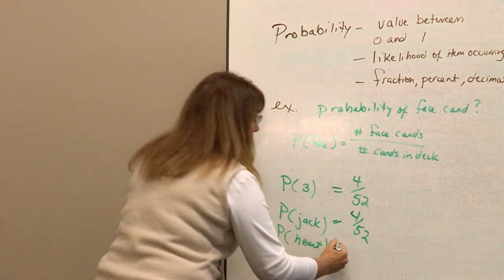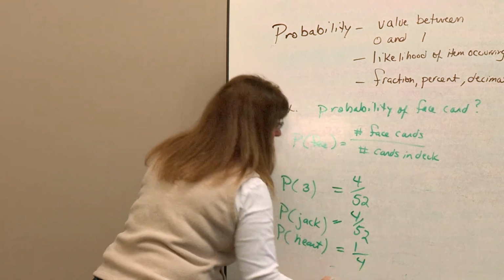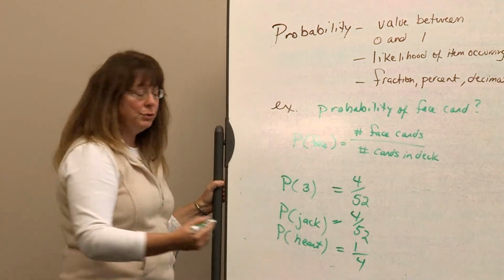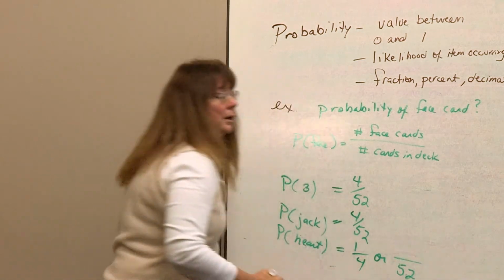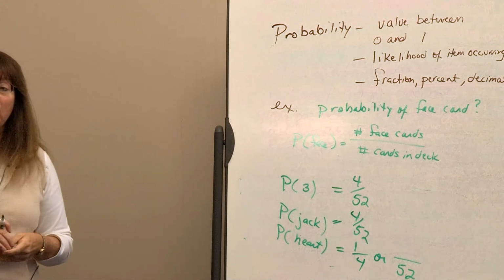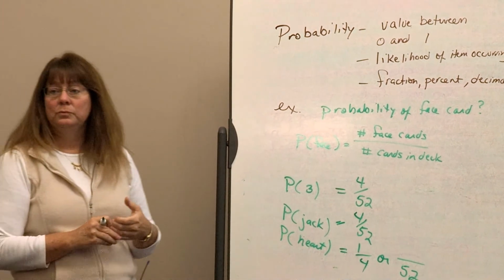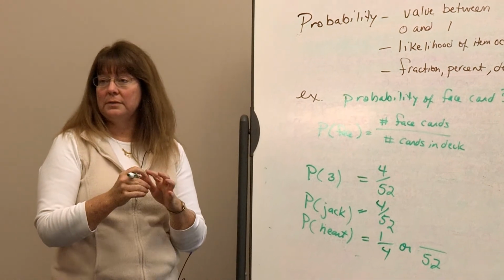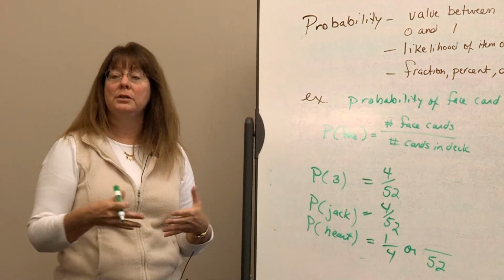So you could think of it in terms of suits and say I have one suit that's hearts, and there's 4 different suits. Or you could do it by the number of cards. We've got 52 cards all together. How many of those cards are going to be hearts? Well, the ace, 2, 3, 4, 5, 6, 7, 8, 9, 10, jack, queen, king. How many do you have that are in each suit?